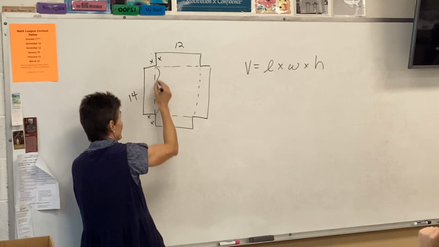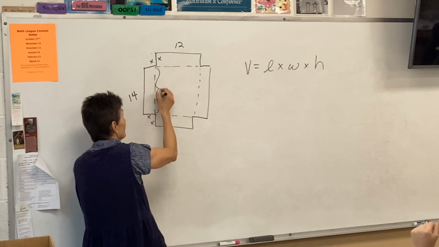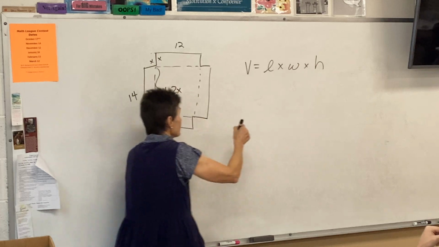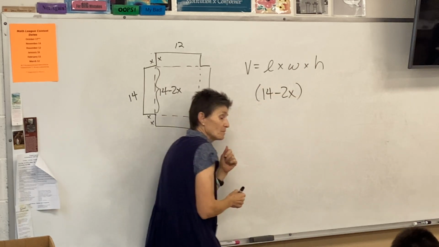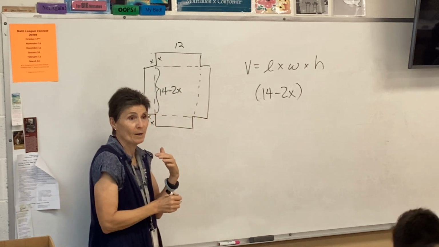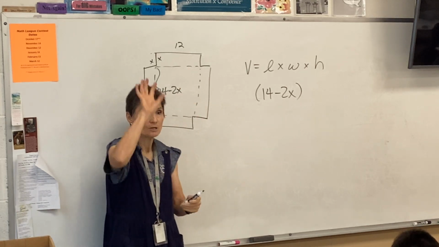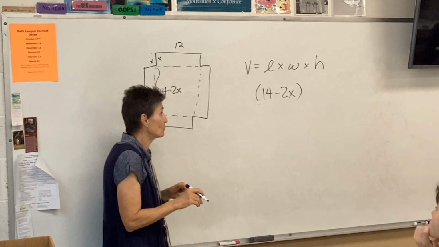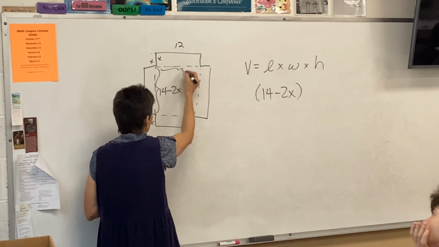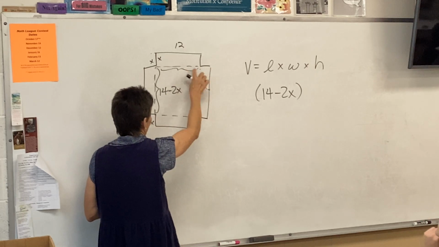How long is this little dash line right here? 14 minus 2x. Bingo! There's the length of your box, 14 minus 2x. It was 14, you took off an x and an x, subtracted it, 14 minus 2x. What about this one right here, this dimension of your box?